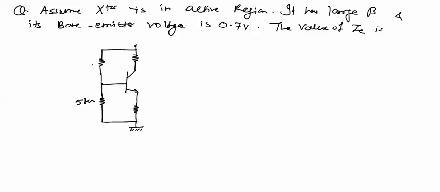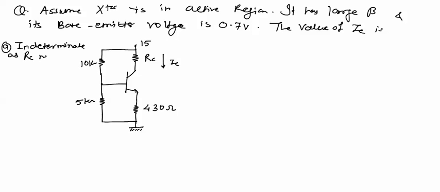This circuit is given, and we are asked to calculate this collector current IC. In this question, one thing is not given, that is value of RC, and options are: A, indeterminate as RC not given.